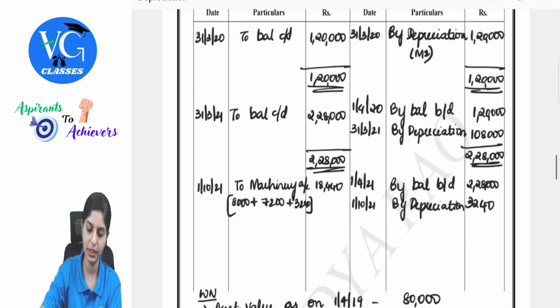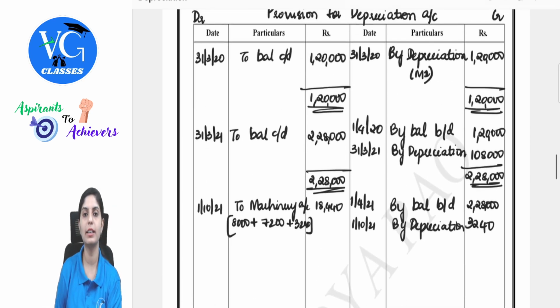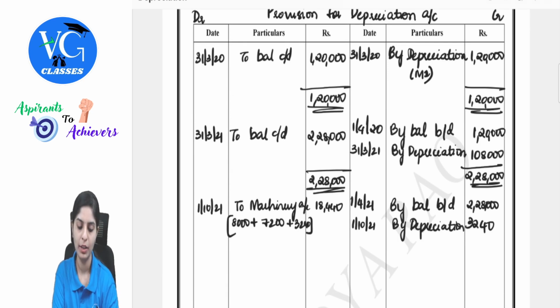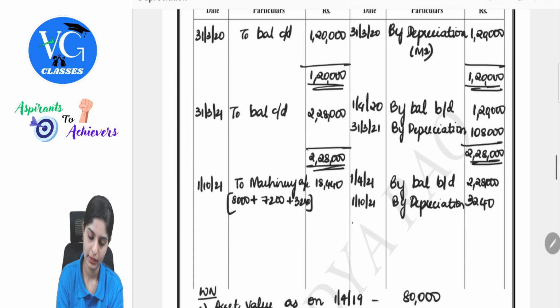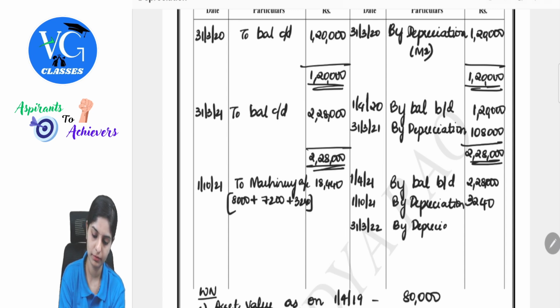In provision for depreciation, I have recorded the asset which was sold. Now remember, there were also other assets along with that. On 1st October, another new asset is purchased. So 31st March 22 by depreciation on part of machine 1.